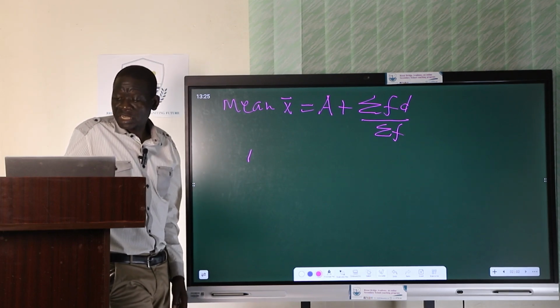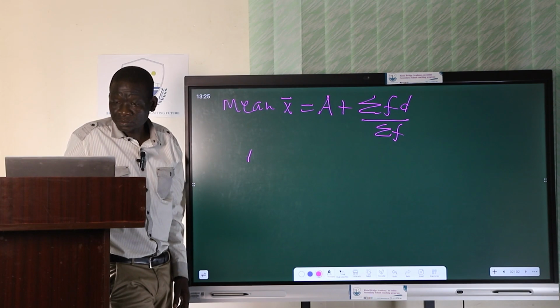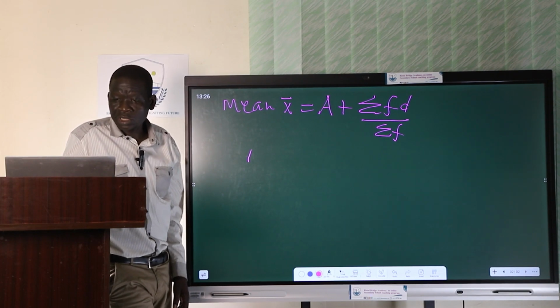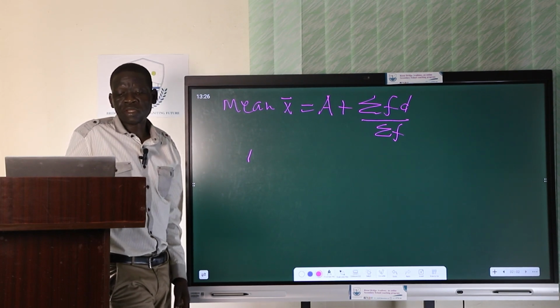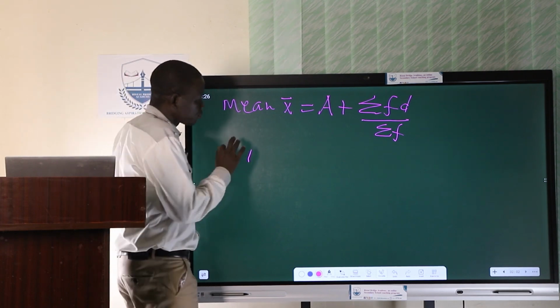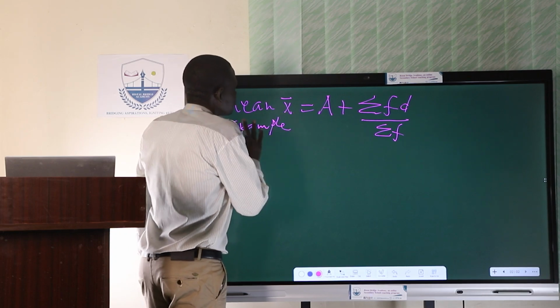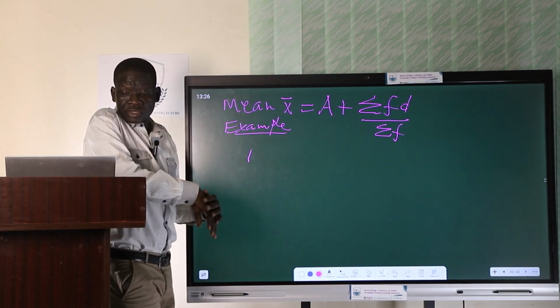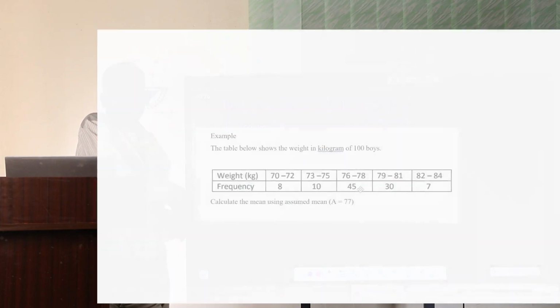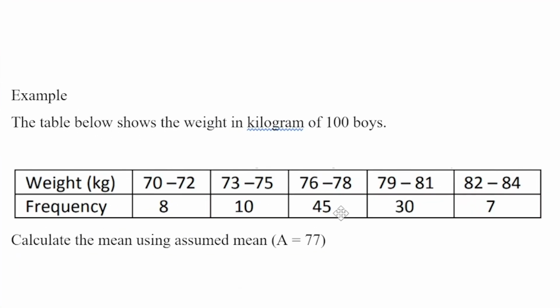We can look at an example now on how we can calculate the mean by using the assumed mean method. Example: the table below shows the weight in kilograms of 100 watermelons.